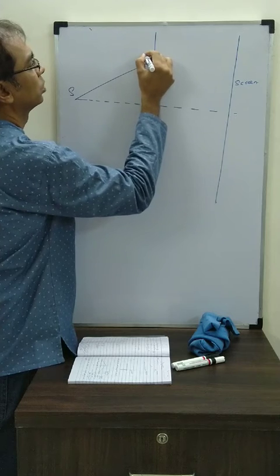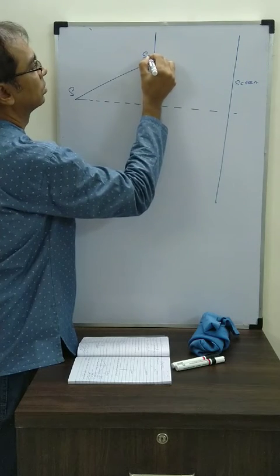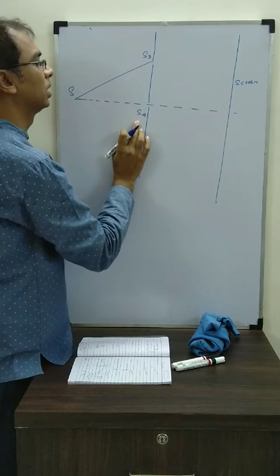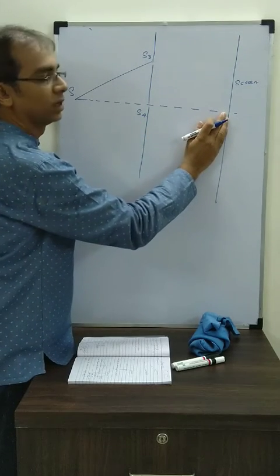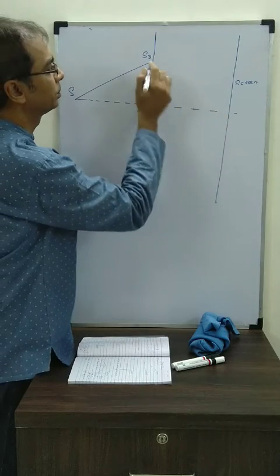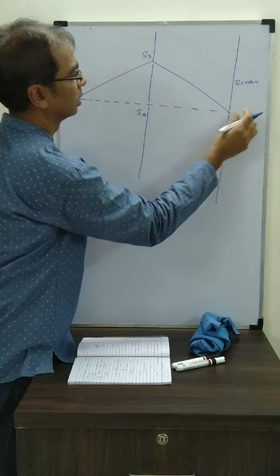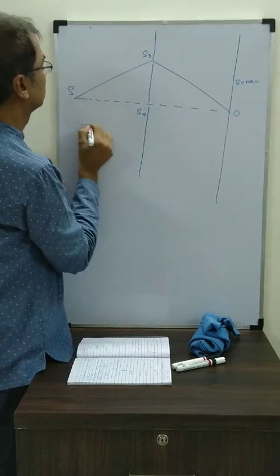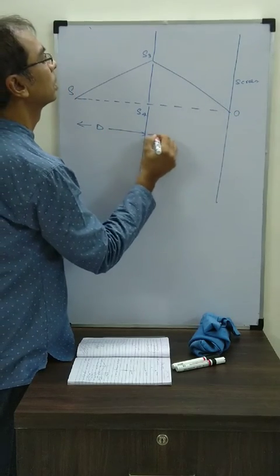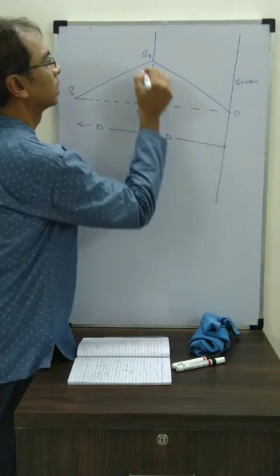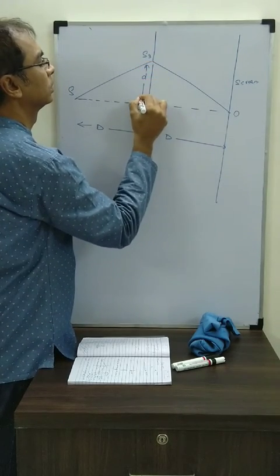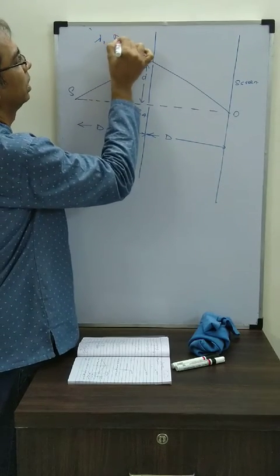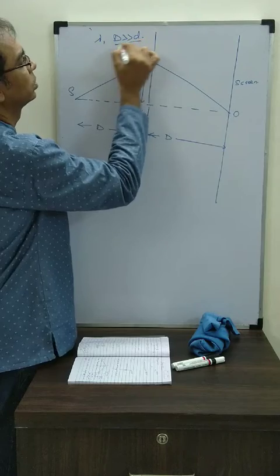In this, X is another source, let's say S3, and this is another S4. So S3 and S4 are basically the sources, and here is where the interference is going to happen. Let's say this point is O. This is given D to you, this is also capital D, this is small d. Wavelength is lambda. And as usual, capital D we can consider as very large as compared to small d.